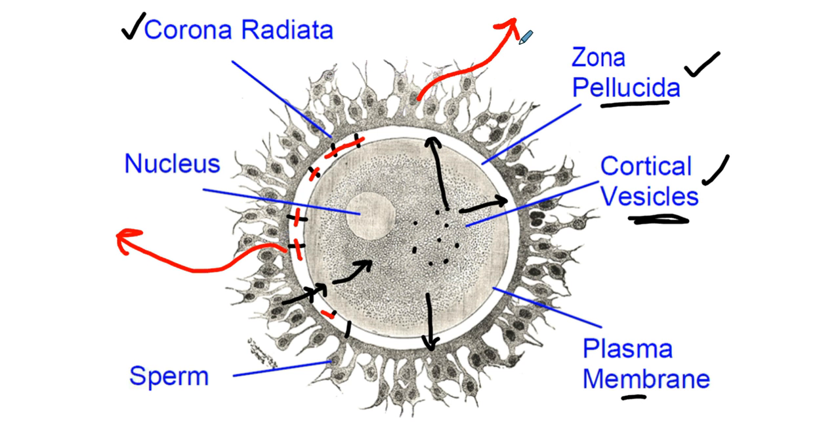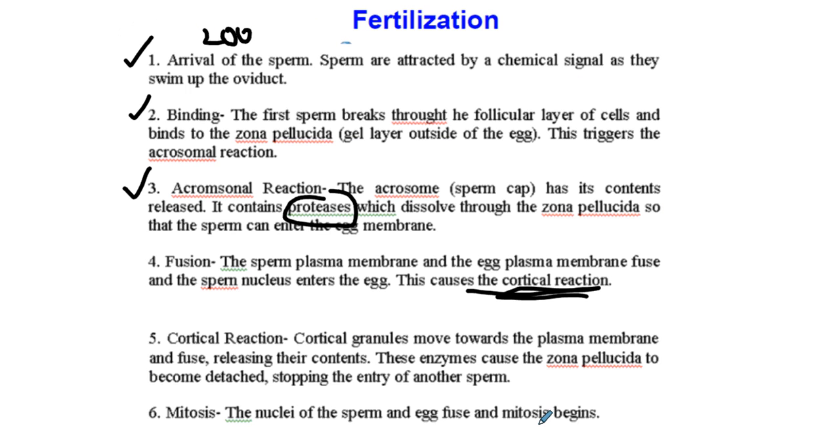And just like the rain tarp on a tent, it'll then cause the corona radiata to just drift away. But all those 200 sperm are still attached to it. So just like mosquitoes on the rain tarp of a tent, you then shake it, throw away the tarp, and they all fly away. So only the one sperm entered in there. This is called the cortical reaction.